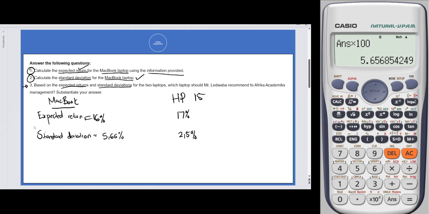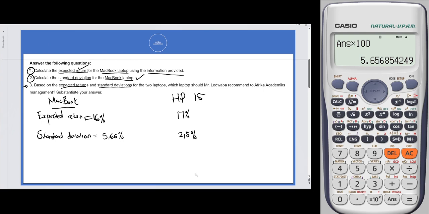Substantiate your answer. Here you can even apply logic. It's going to be easy, but I'll show you how to answer this kind of question, because you'll find that it's 7 marks, so you're wondering where these 7 points come from.